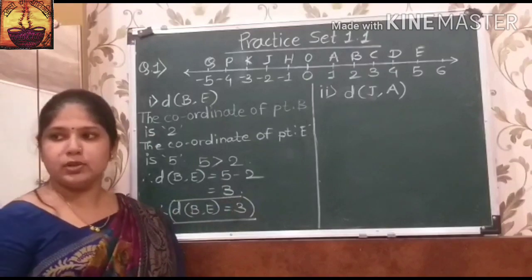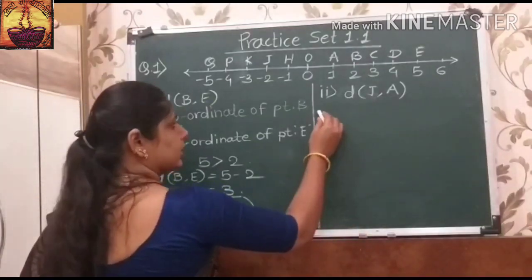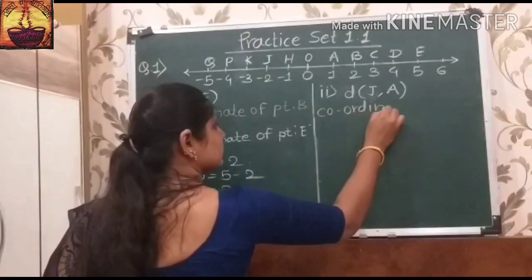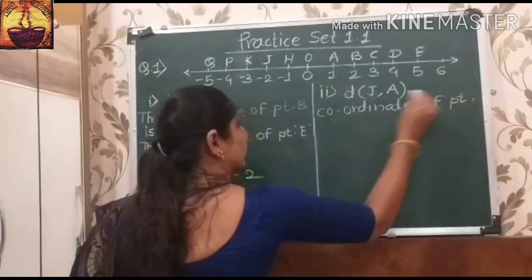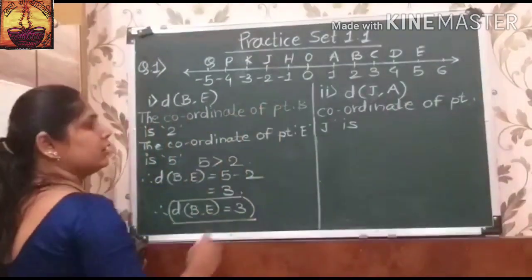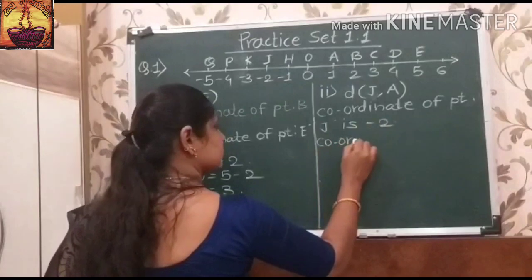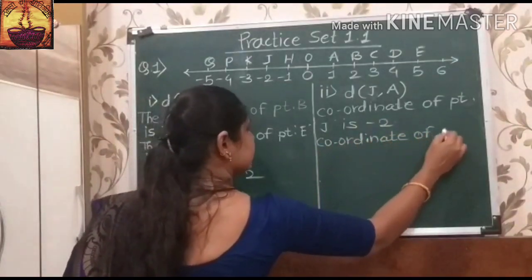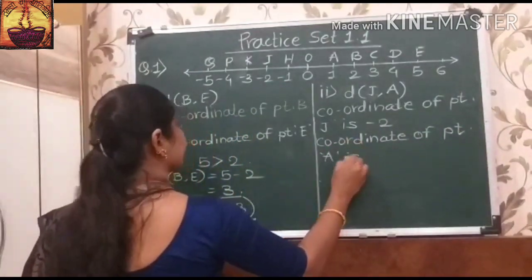Now, second example is distance JA. For finding the distance JA, write here: coordinate of point J is minus 2 and coordinate of point A is 1.